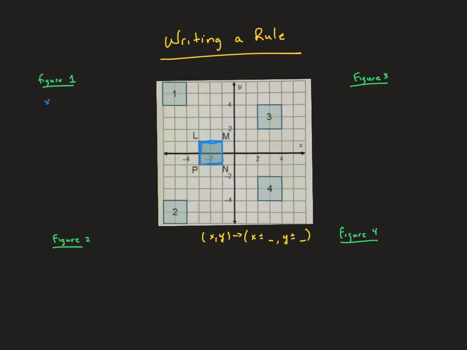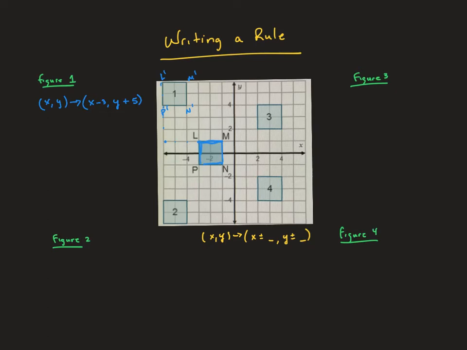So that rule should be X minus 3, Y plus 5, because that is how far I went back 1, 2, 3, then went up 1, 2, 3, 4, 5. So this is L1, M1, N1, and then P1. So that is that transformation to get to there.